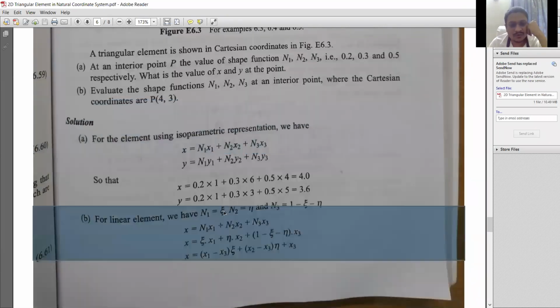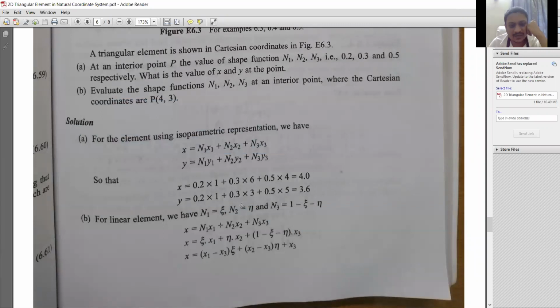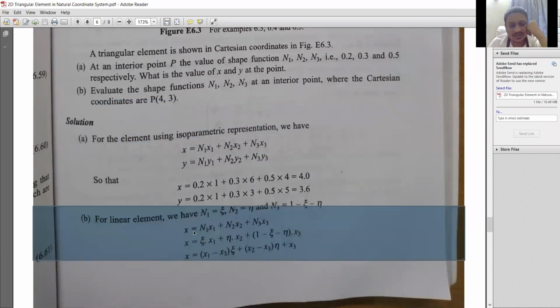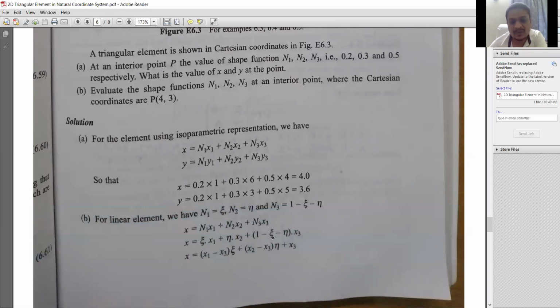In the second part, we know that x is nothing but n1 x1 plus n2 x2 plus n3 x3. The n1, n2, n3 are your shape functions: n1 is xi, n2 is eta, and n3 is 1 minus xi minus eta.